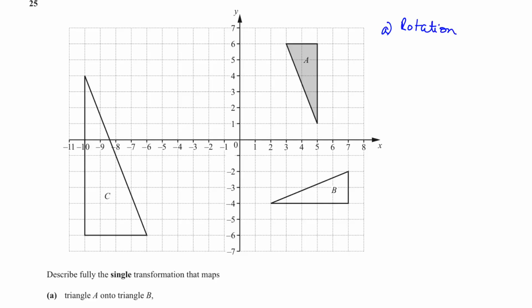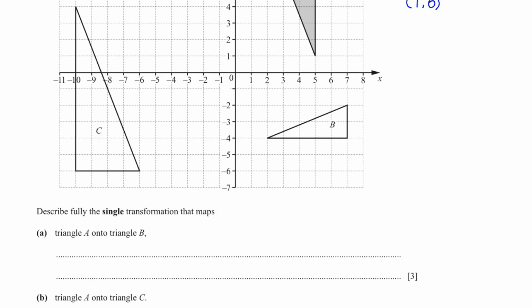If it is a rotation, you need to write 3 things. Describe it as rotation, find the center of rotation, and state whether it is 90 degrees or 180, and clockwise or anti-clockwise. Using a tracing paper, you will be able to work out that it is 90 degrees clockwise and the center is (1, 0).